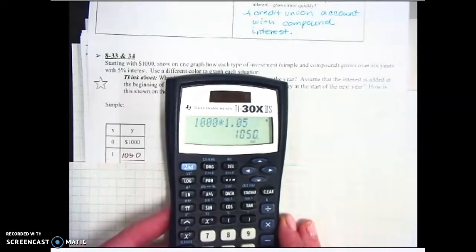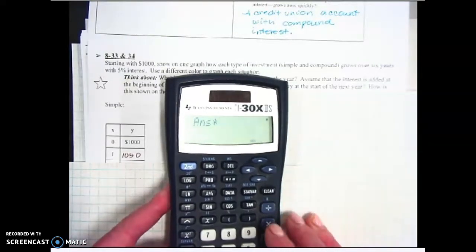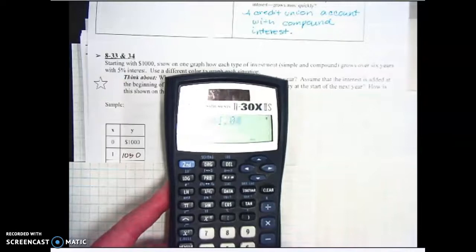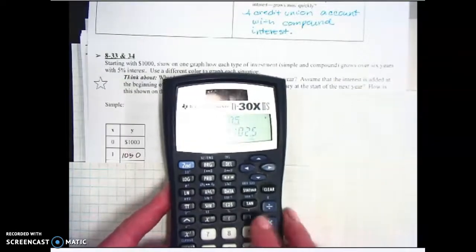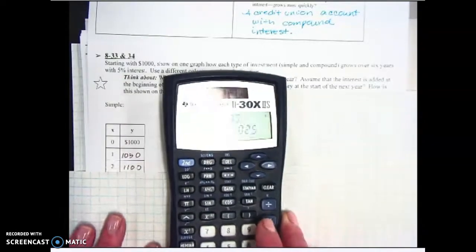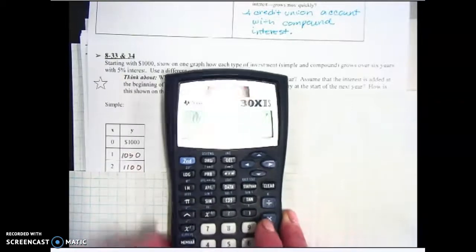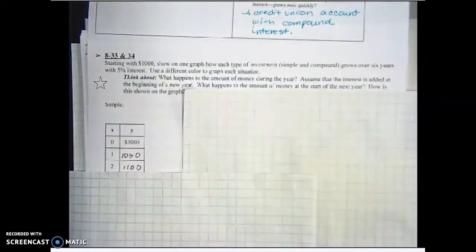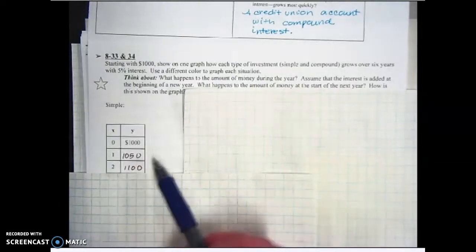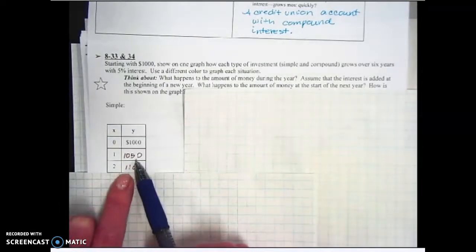Okay? Leave that number in there, simply hit times 1.05, and that means year 2, we should, oh, I wrote down the wrong number. Oh, no. Each year we're going to add $50. So, no, I was doing the wrong thing.